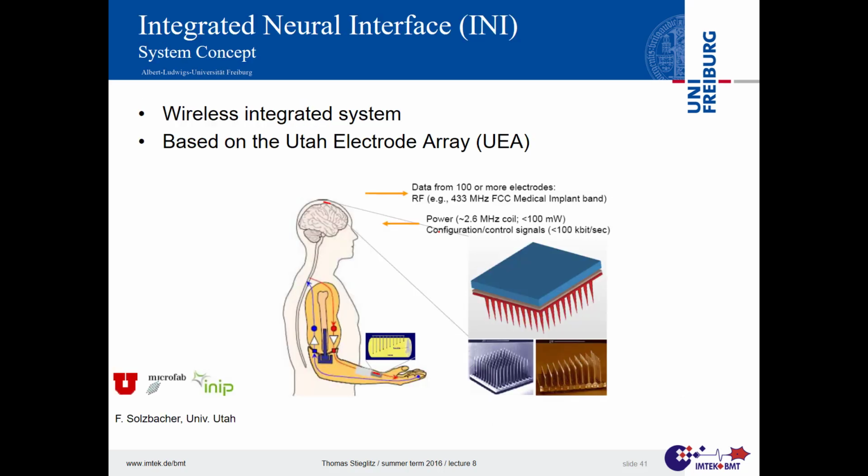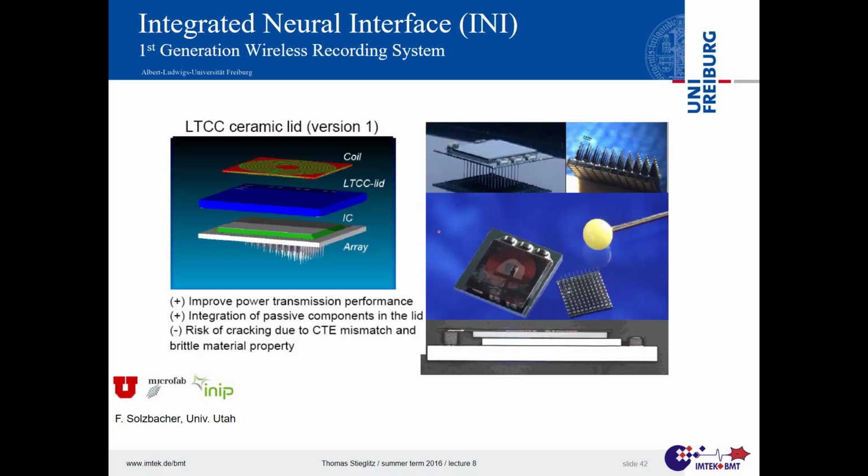So here an early approach, early means 2004, of the Utah array. Can we get rid of the connectors and cables and have it all wirelessly with a beautiful platform just on the footprint of the array? That was the idea.